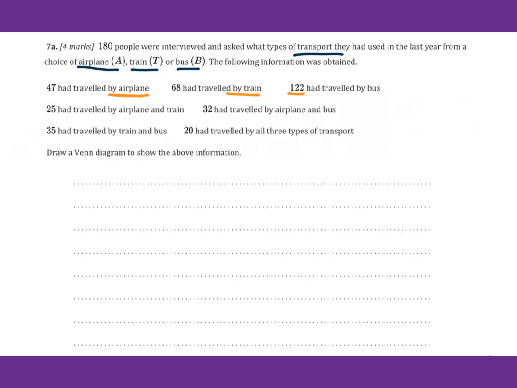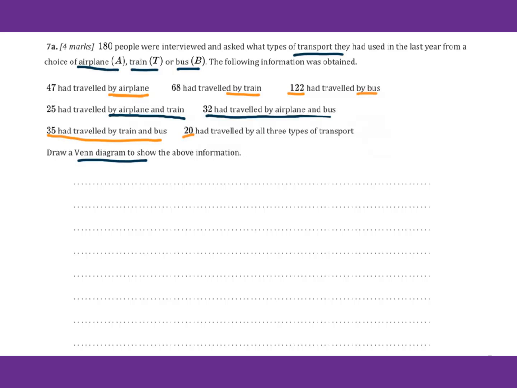Then 122 by bus. 25 had traveled by airplane and a train. 32 had traveled by airplane and a bus. 35 had traveled by train and a bus. 20 had traveled by all three types of transportation. Draw a Venn diagram to show the above information.